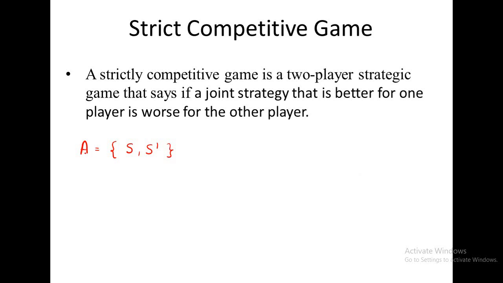Now, a state competitive game says that for all pairs of profiles that belong to capital A, if player I gets a higher payoff for profile S in comparison with profile S dash, then the other player, that is player J, should get a lower payoff for profile S in comparison with profile S dash.